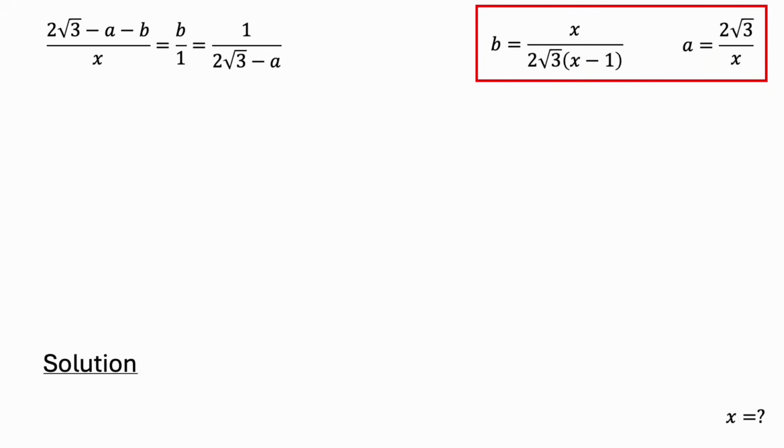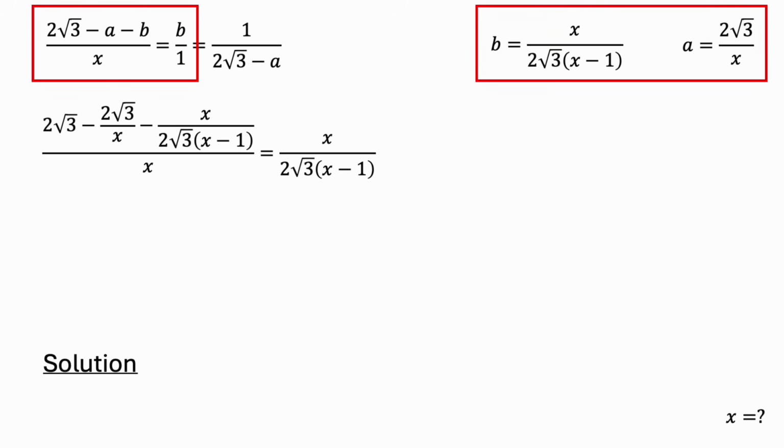Substituting b equals x over 2 square root 3 times x minus 1 and a equals 2 square root 3 over x into 2 square root 3 minus a minus b over x equals b over 1 gives 2 square root 3 minus 2 square root 3 over x minus x over 2 square root 3 times x minus 1, divided by x, equals x over 2 square root 3 times x minus 1.